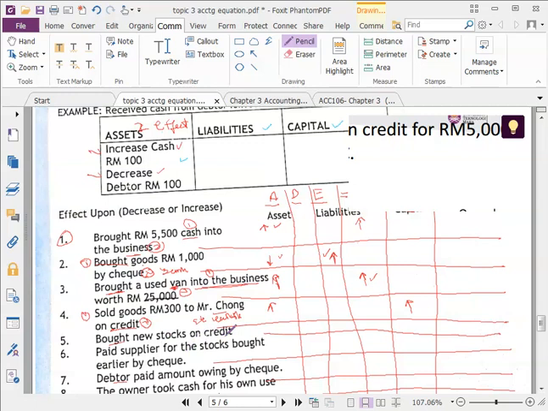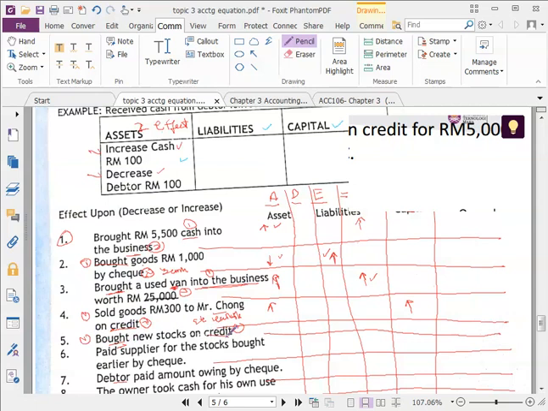Okay, what is the effect? Okay, what is the element that will be affected by the transaction? Okay, the keyword here is about new stock. Okay, the first one here to purchase. Okay, another one keyword is credit.